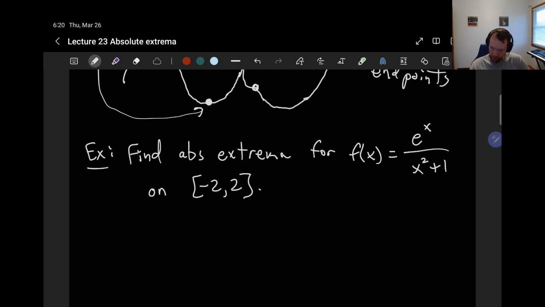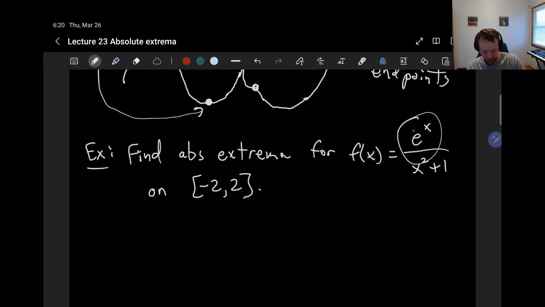Well, are we continuous on this closed interval? And the answer is yes, because notice this will never be 0, this denominator here. No matter what I plug in, since this x is squared, it's always going to be either positive or 0, and then I'm adding 1 to it. So the denominator can never be 0.